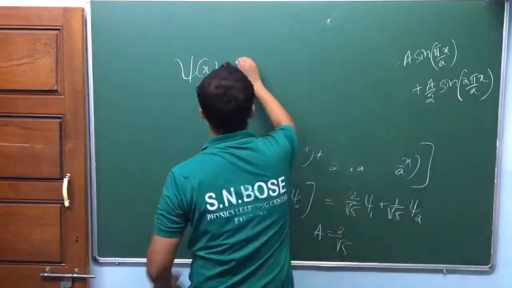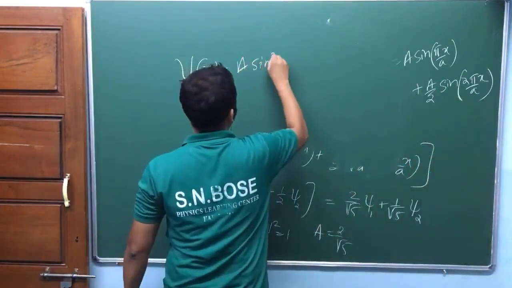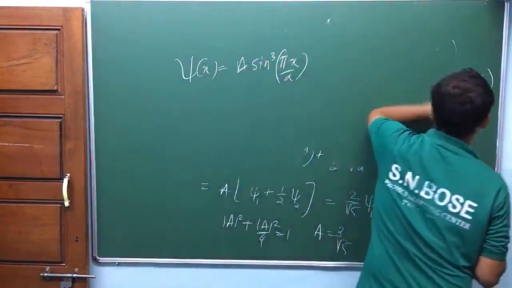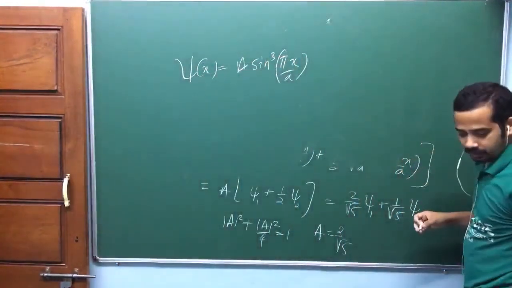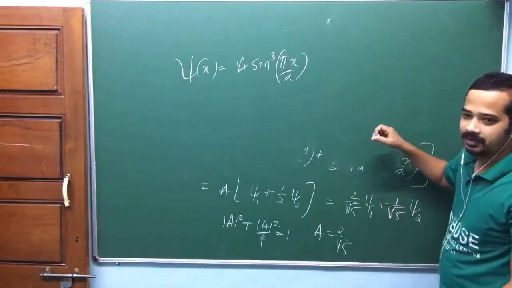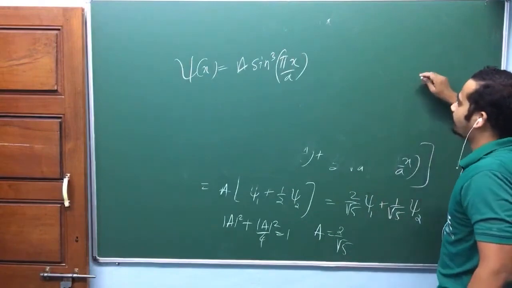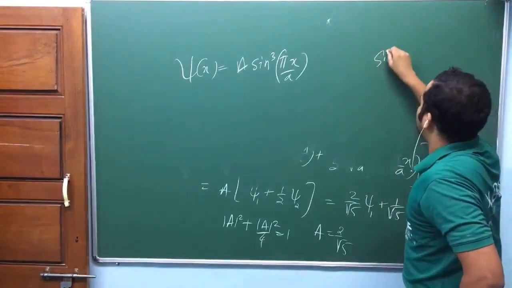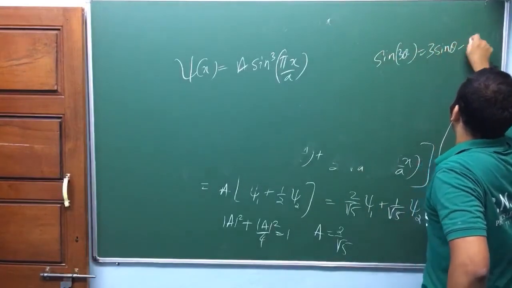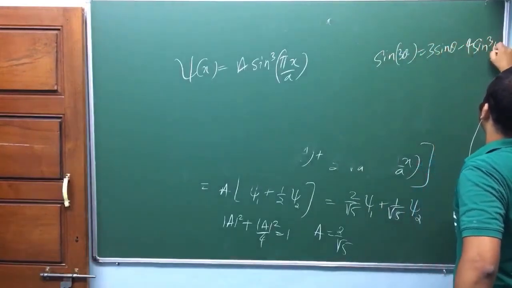Now he has given sine cube pi x by a. Sine cube theta integral, that I asked you, isn't it? When I took the basic math interview for most of you, isn't it? Yeah, sine 3 theta is 3 sine theta minus 4 sine cube theta. Am I right?